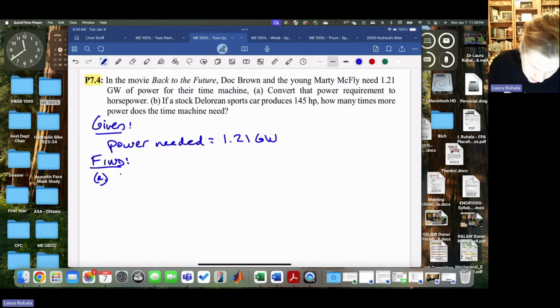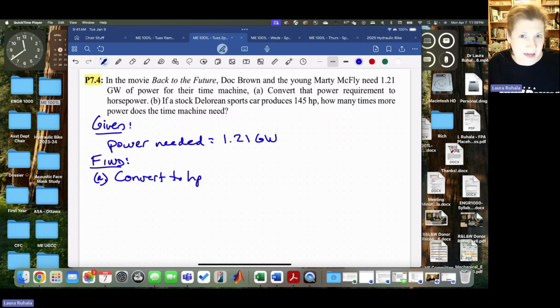The first thing we need to do is convert to horsepower. Luckily, this is what we need to do anyway in order to solve this problem. See, the DeLorean's power is given in horsepower, and we're asking how many DeLoreans. So we need to convert the gigawatts to horsepower.